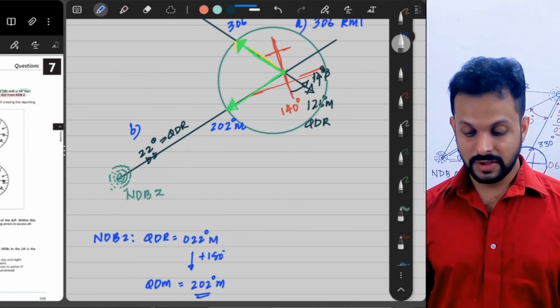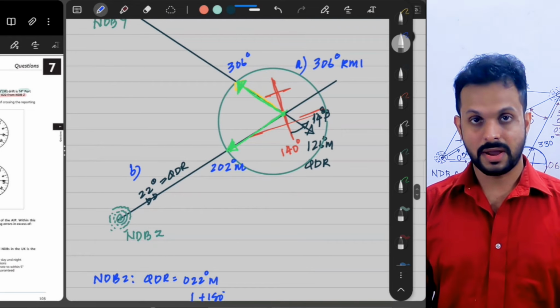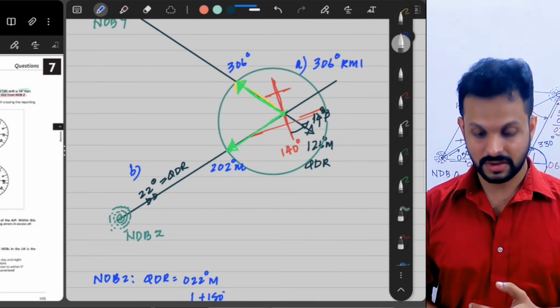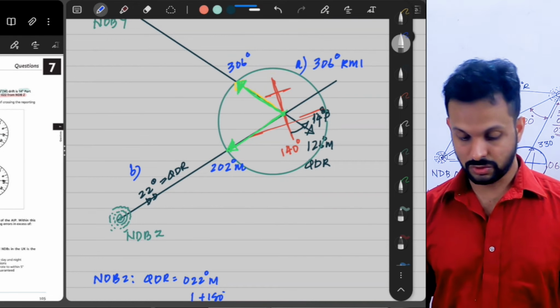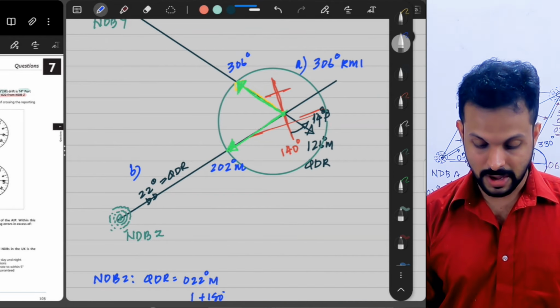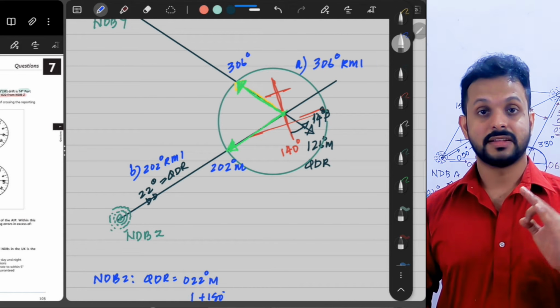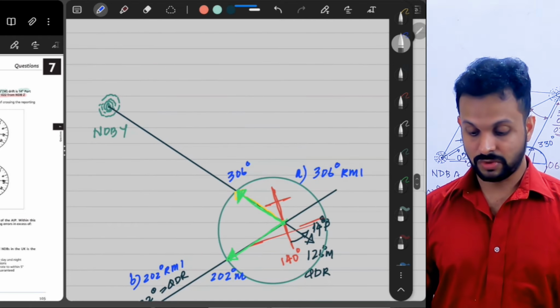Right. So basically we are looking at these two RMI indications, one 306 degrees, the other 202 degrees. So for assumption Bravo, the RMI is going to show you 202 degrees, and the third part is the heading, which is 140 degrees.